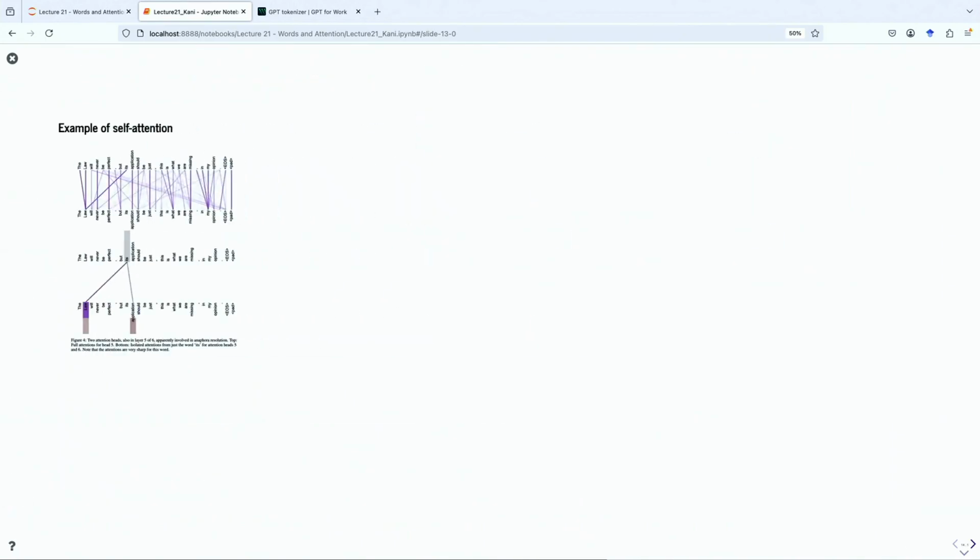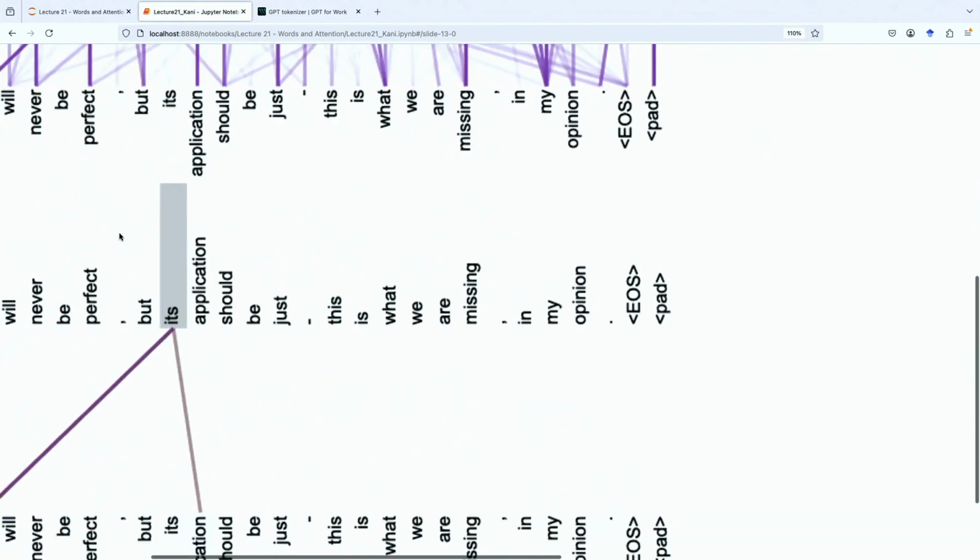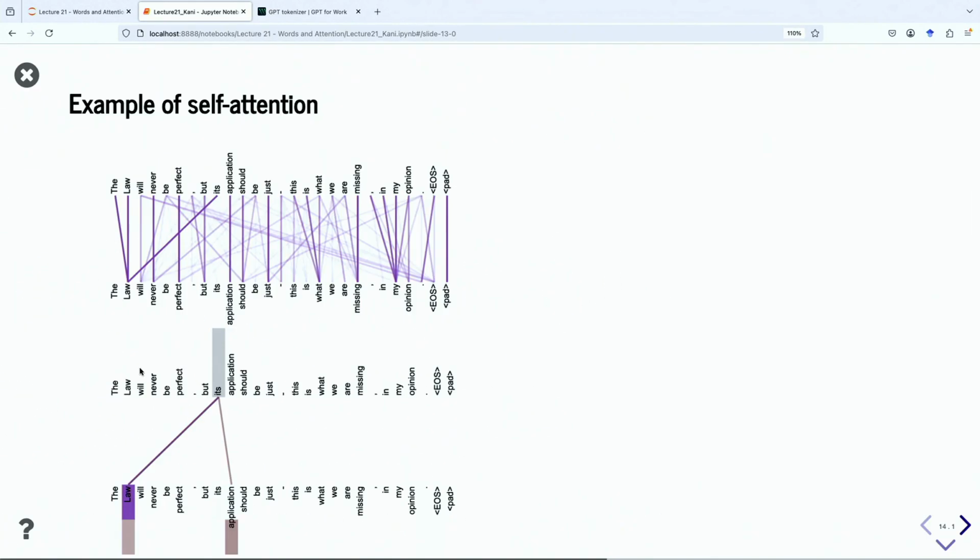There are some nuances. An example of this is in the original Vaswani paper. You could do a little analysis, and if you look at the attention matrix, you will see certain words, for example in the sentence, the law will never be perfect, but its application should be just. In that sentence, you see "the law" and "its" having a larger weight, because presumably these are very related to each other.